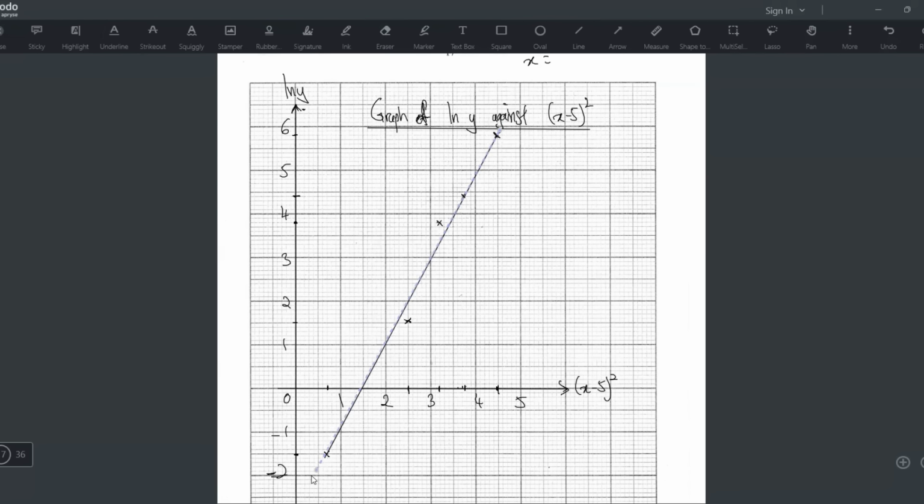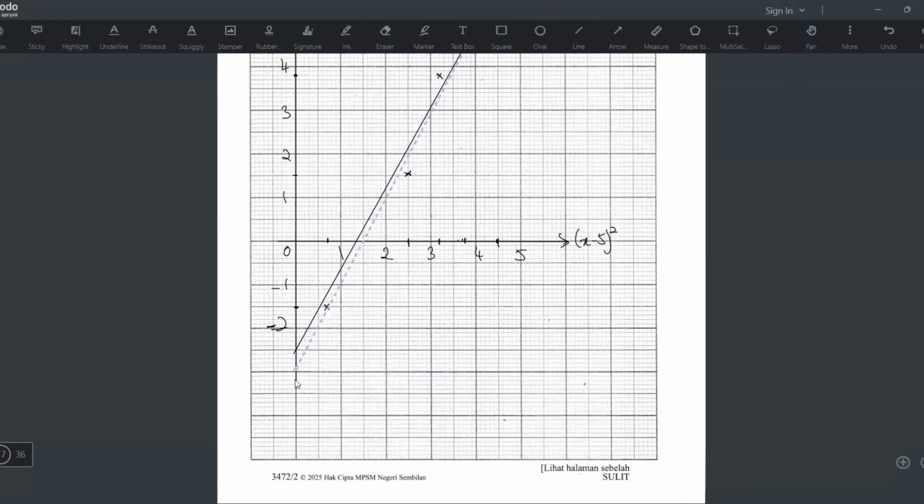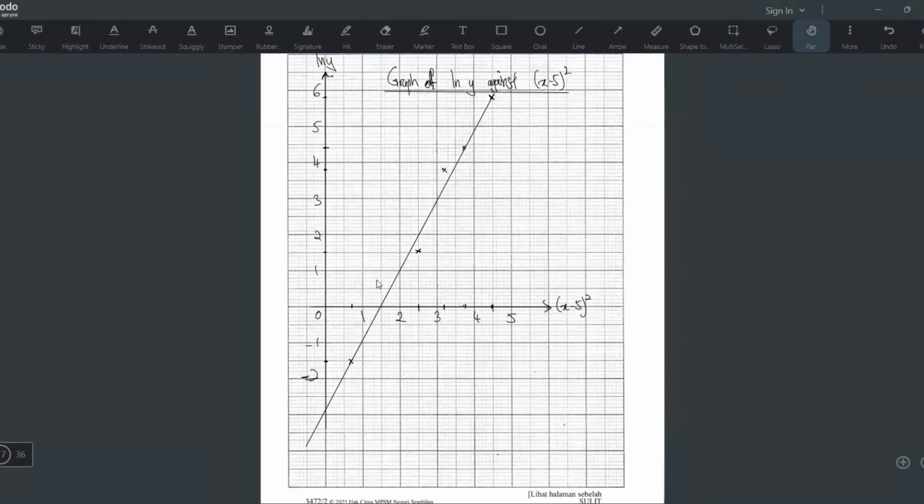Okay, and remember to extend the line until the y-axis because we need the y-intercept later. Okay, all right. So let me just make it smaller. Okay, so this is how it looks like.